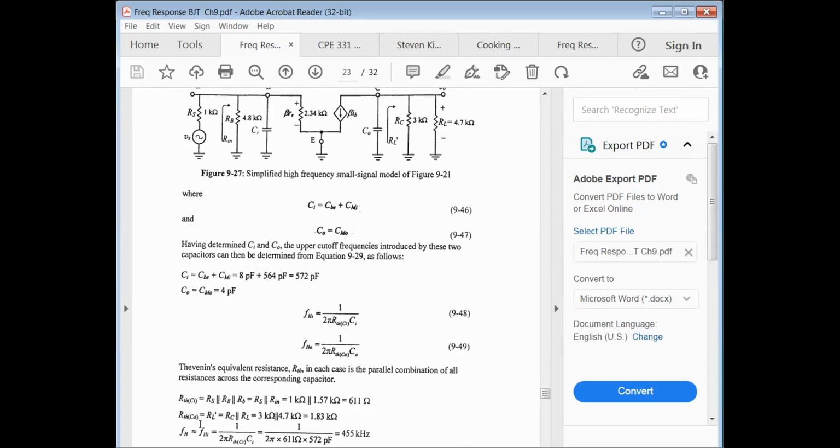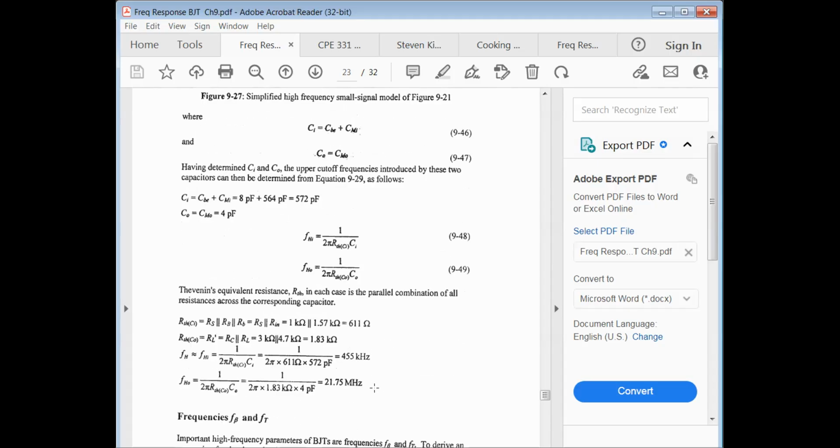And then R Thevenin seen by C out, R Thevenin seen by this capacitor here. Remember, our dependent source goes away, so it becomes zero current flowing through here, which means it's an open. It's just RC in parallel with RL, which is 181.83 k ohm. So we do our calculations.